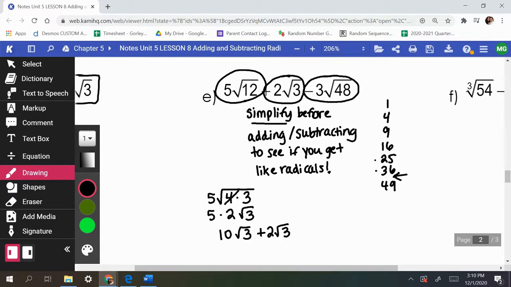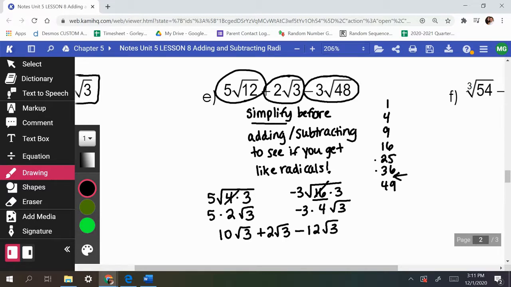No. Is 48 divisible by 16? Yeah, it is. So 16 would be the largest perfect square. We could break that into 16 times what? It'd be 16 times 3 is 48, where 16 is the perfect part. Okay, and keep in mind we still have this -3 leading coefficient. So if I reduce the square root of 16 down to 4, that's going to leave me with a new leading coefficient of -12.